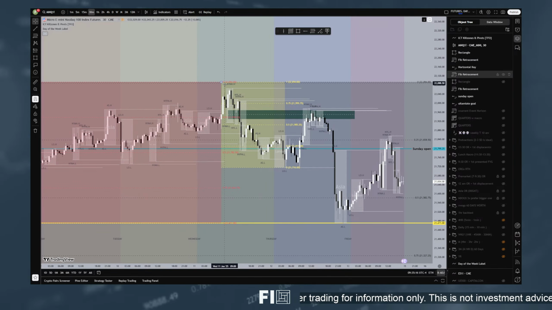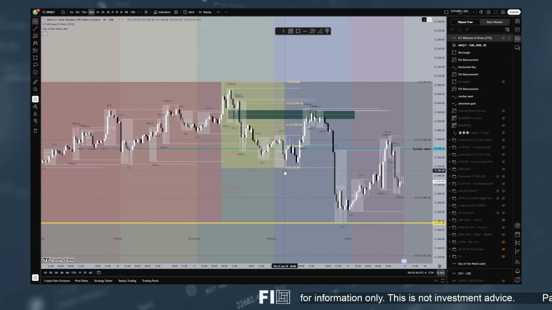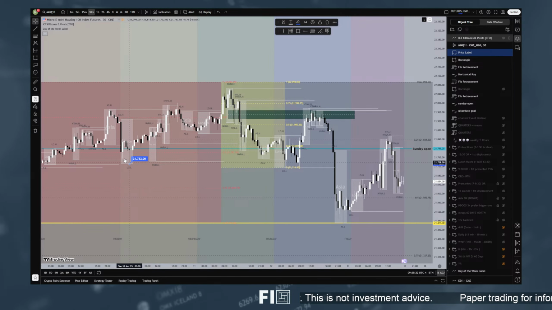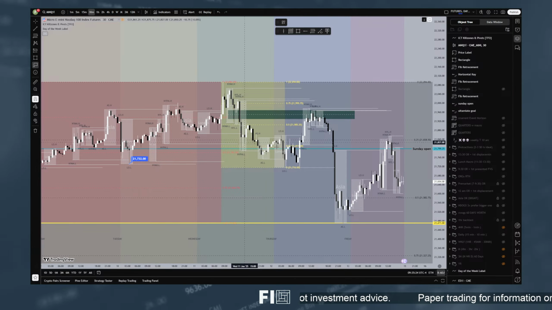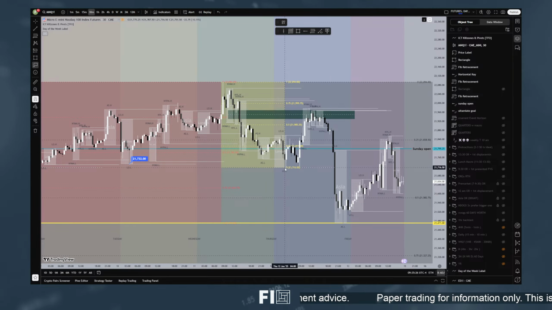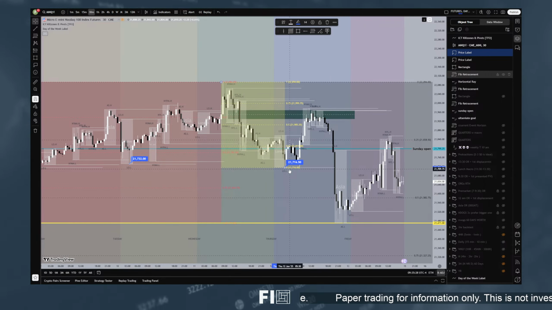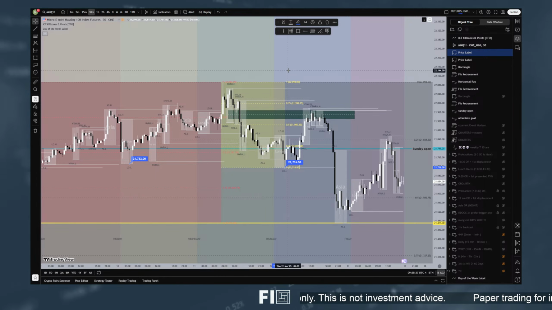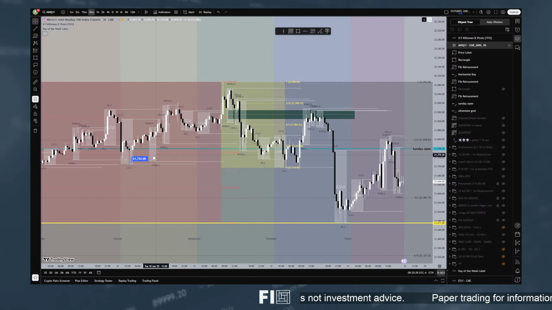Low, high, higher high. Great. We got to compare lows again. 21,732. 21,716. Wow. So this in itself was a dealing range as well. And we took up the high, then we took those lows. This is our dealing range.